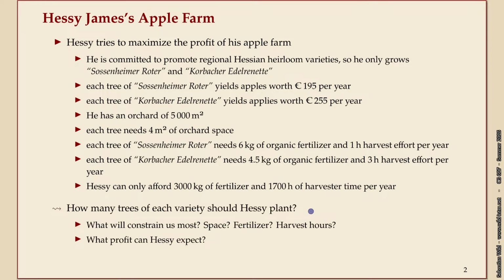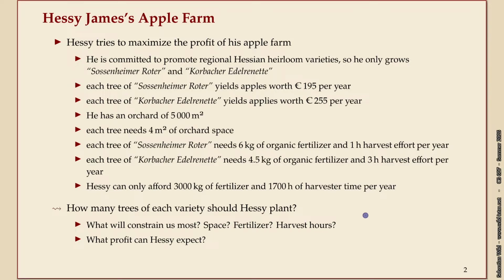So the question is, how many trees of each variety should we plant to maximize the profit? And maybe also interesting if you think of it from an economic perspective, we're constrained by various things here. Which is the tight one? Well, maybe you can try to make a guess. Like the result will be something.